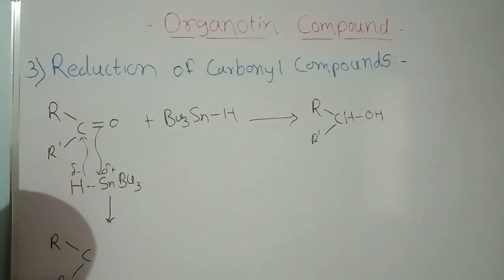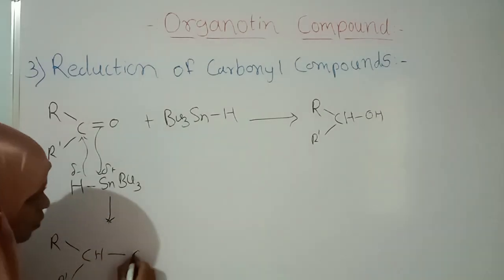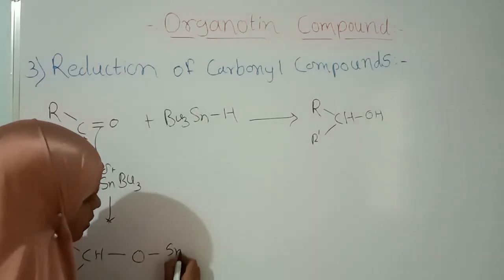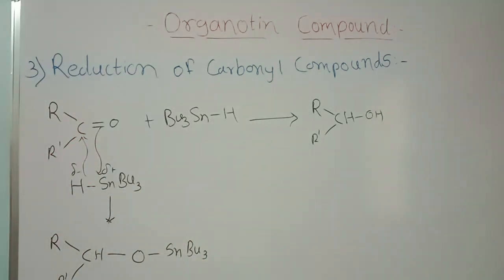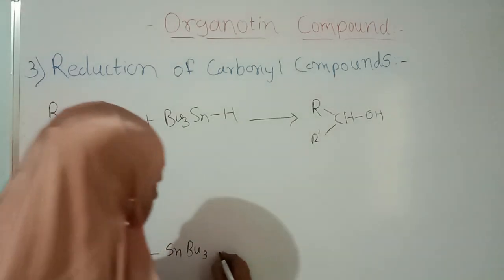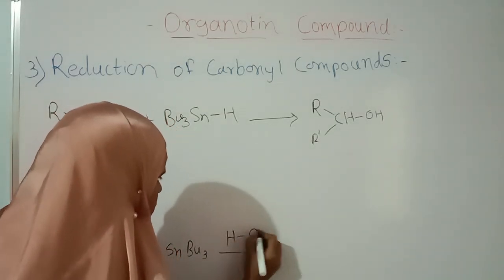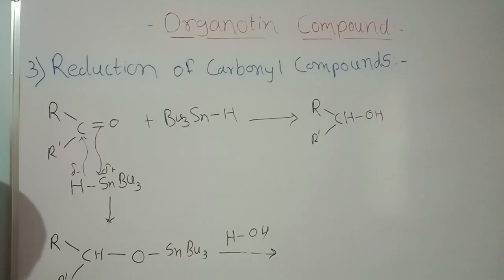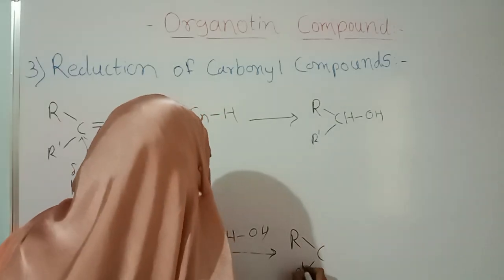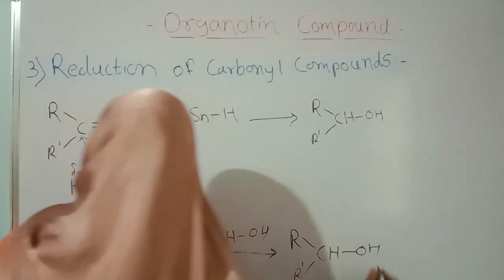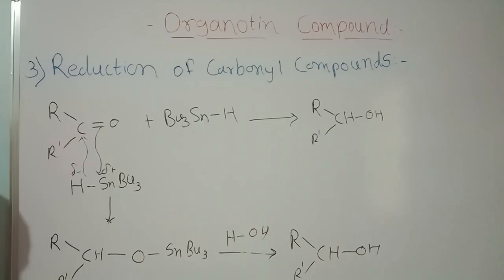R dash CHO tin. Okay, like that, which is alkoxide. This alkoxide reacts with water. Okay, this alkoxide is reacted with water. Then simply we get R dash CHOH. Okay.